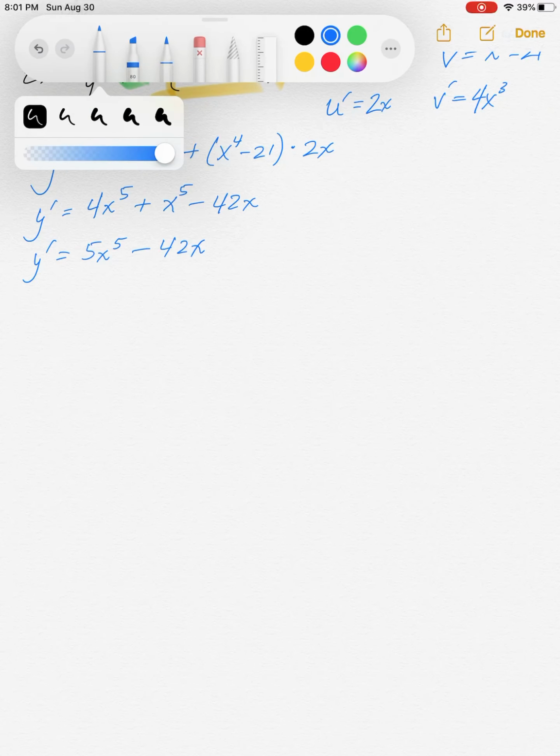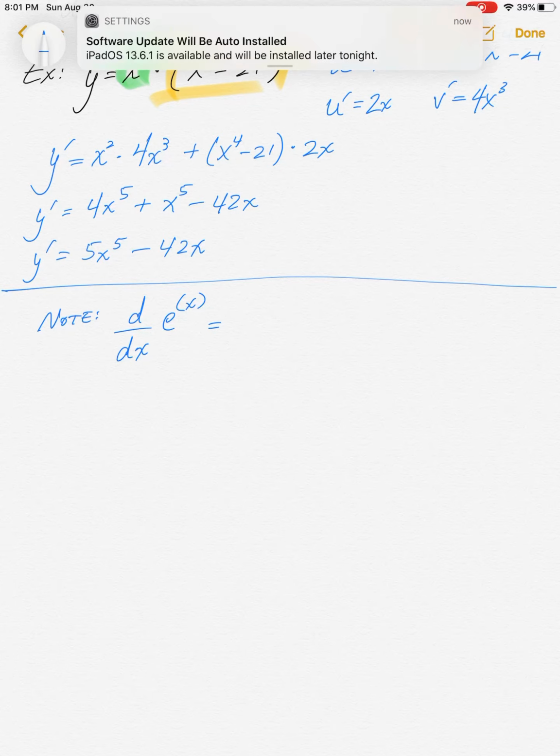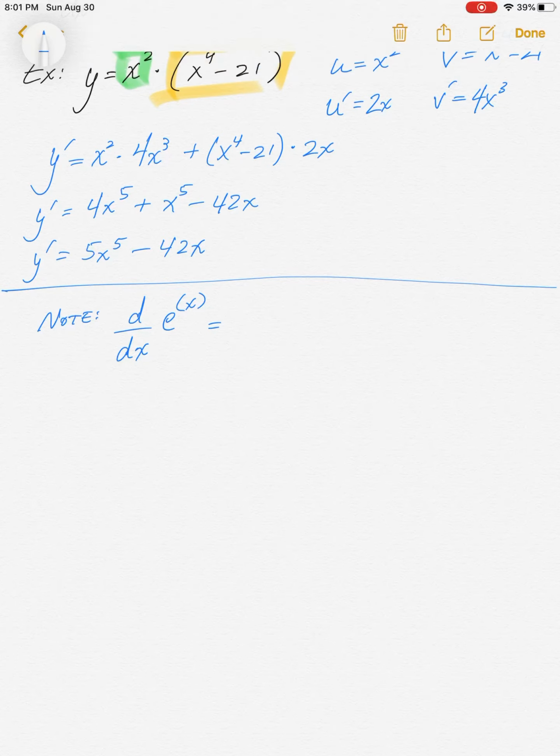All right. Here's some special case stuff that you need to know. Note the derivative of the standard exponential function e to the x is equal to itself times the derivative of that exponent there.